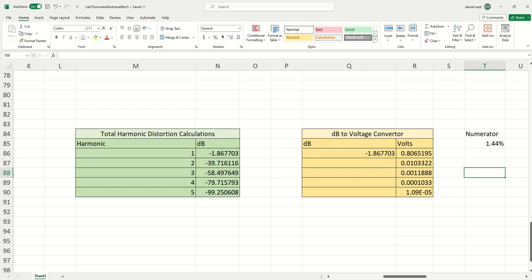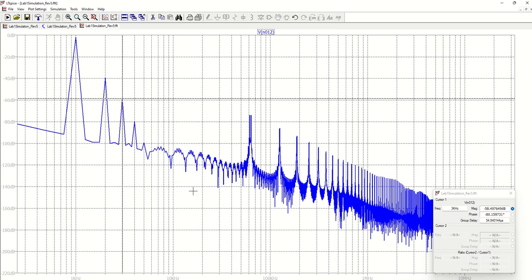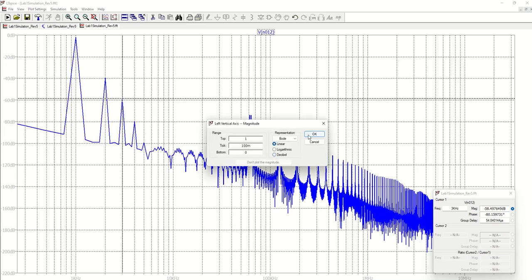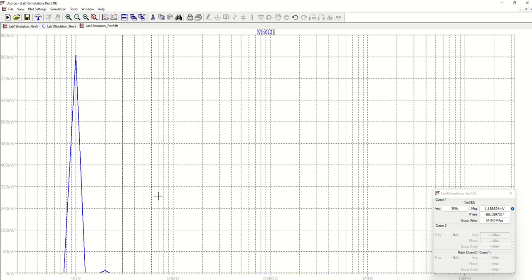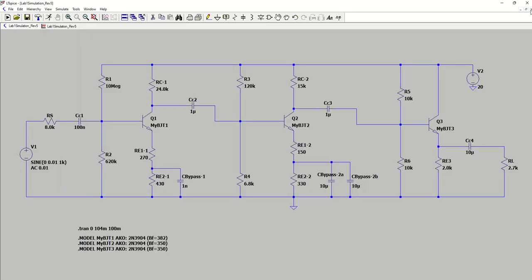So I would use either method, whichever seems more comfortable to you, and just take a screenshot of your graph and document your results in your lab report.